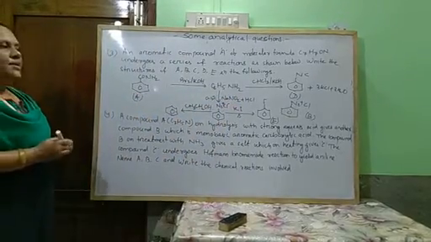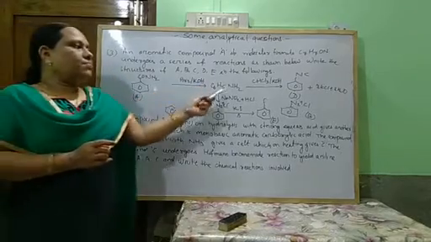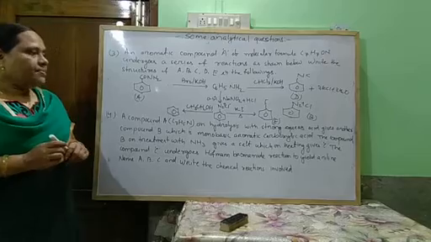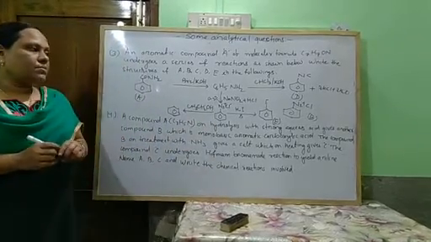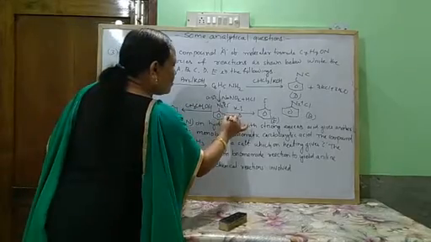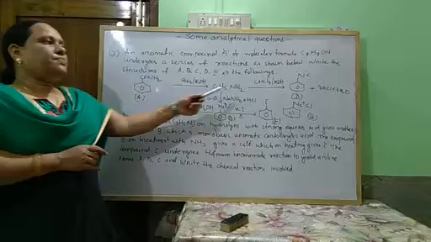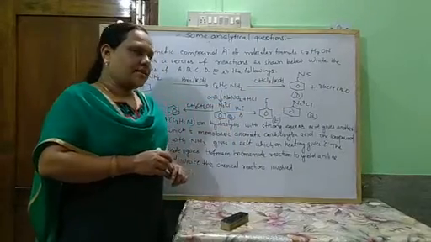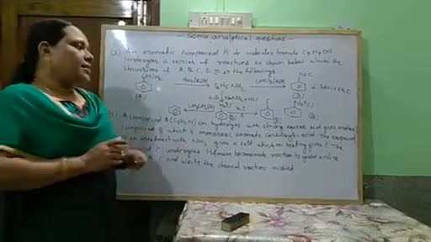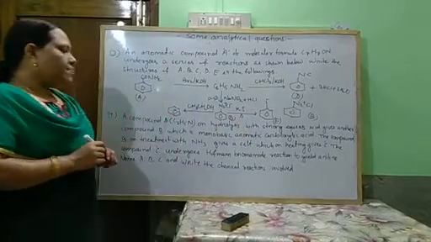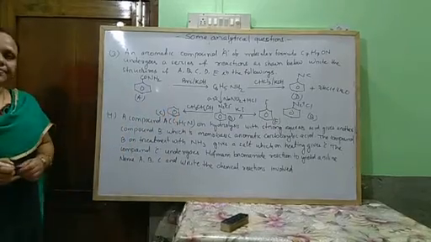So A is benzamide and this compound is aniline. B is benzene diazonium chloride. D is phenyl isocyanide, phenyl carbylamine, E is iodobenzene, and C is benzene.